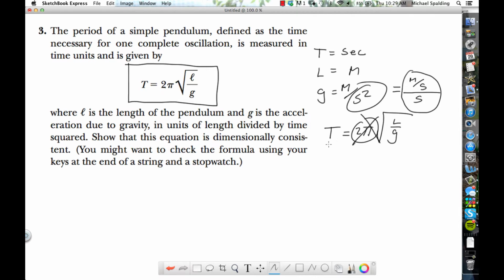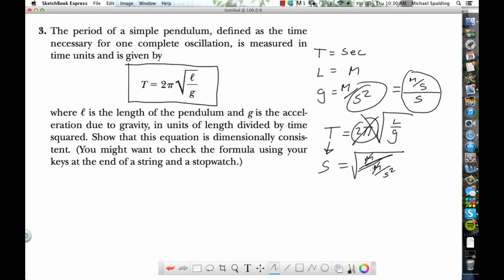Period gets measured in seconds, and then we get the square root. Now what's length? Meters. I'm just plugging the units in. Length is meter, and then what's gravity? Meters per second squared.